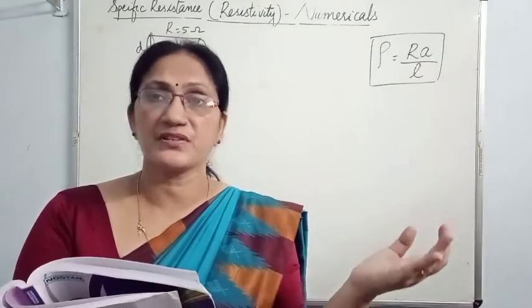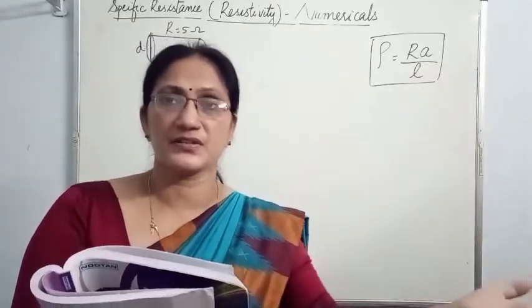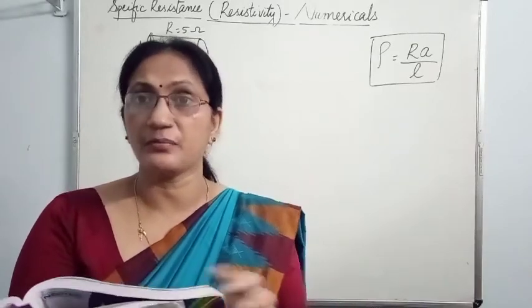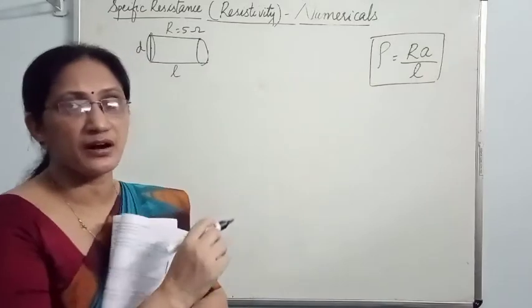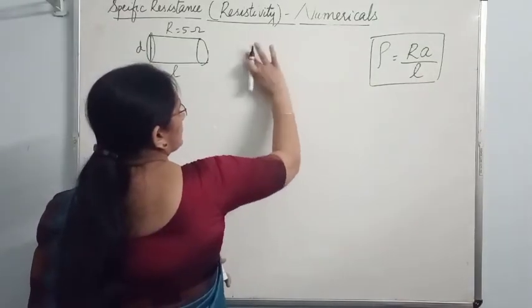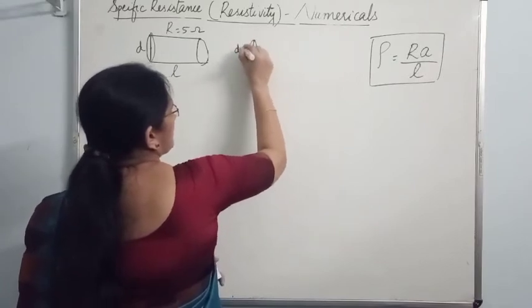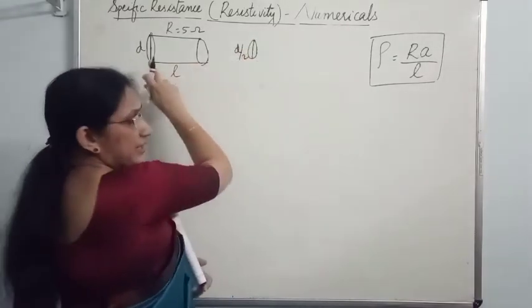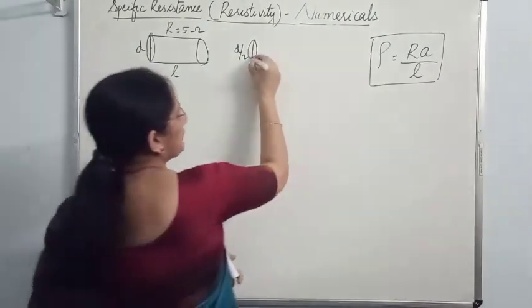In previous questions it was given that thickness, or area of cross section, reduces, like that. But here it is given diameter, this wire you are stretching so that diameter becomes half. This diameter has become D by 2. Initial diameter, if it is taken D, now the diameter is D by 2.